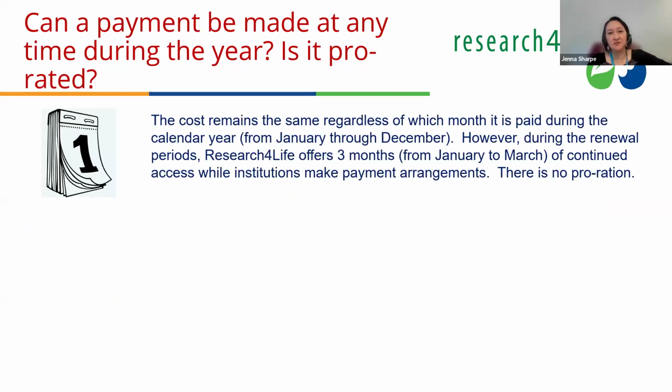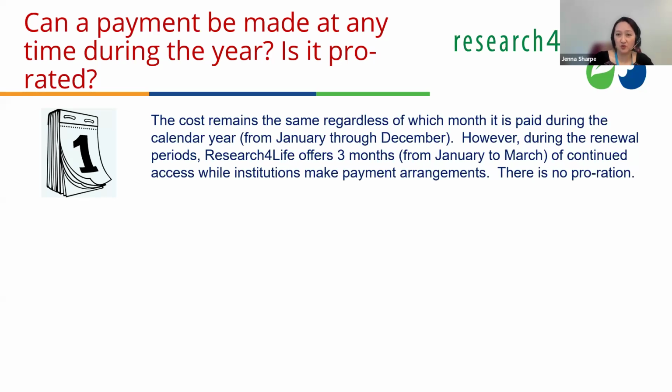So can a payment be made at any time during the year, and is it prorated? Yes, payment can be made anytime during the year. However, please be aware that the Research4Life payment is based on a calendar year, which is January 1st to December 31st. For example, if you pay $1,500 now in June, your access will officially end on 31st of December.